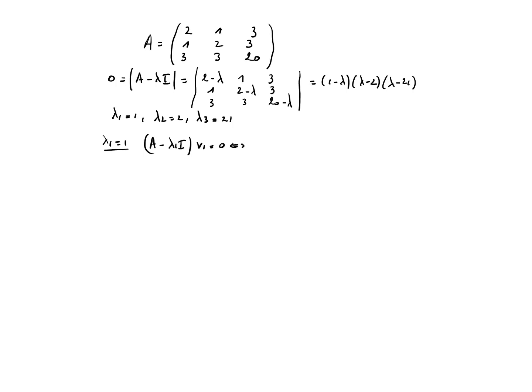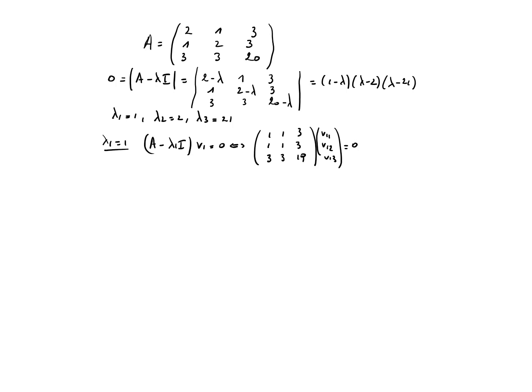So this is equivalent to 1, 1, 3, 1, 1, 3, 3, 3, 19 times v11, v12, v13 is equal to 0.